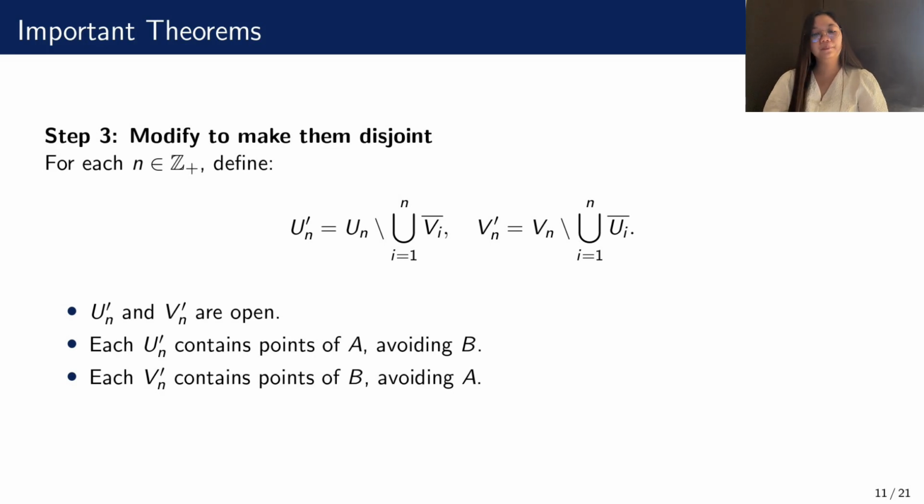So we trim U sub n by removing the closures of the first n B sub i, and vice versa for B sub n.